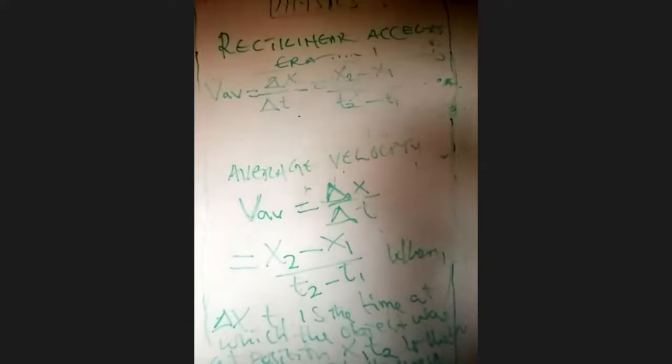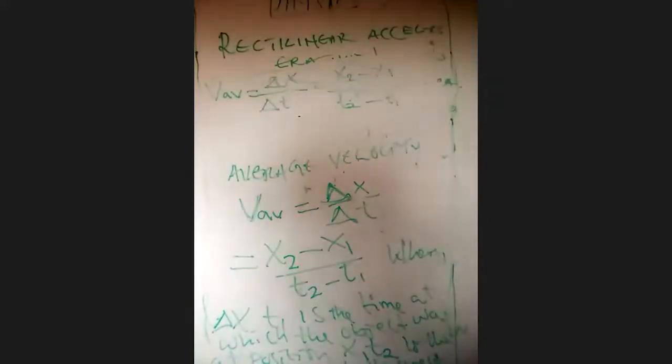So as simple as that, there's no magic trick. You just say average velocity is equal to total displacement all over time interval, which is equal to S2 minus S1 all over T2 minus T1. We are trying to explain that.